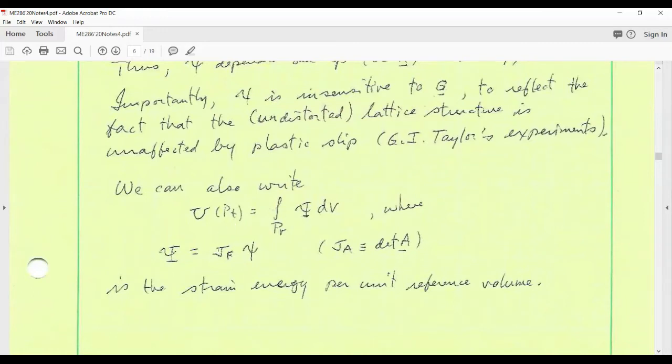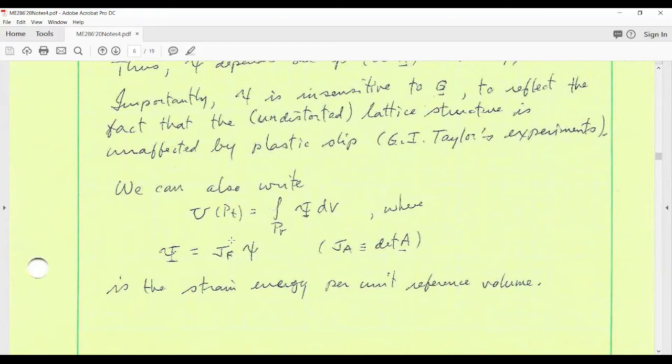I'll call it J sub F, because we're going to have three tensors whose determinants we have to worry about: F, G, and H. So I'll use the notation J sub A to mean the determinant of tensor A. So J sub F is the usual determinant of F. Then this defines a strain energy per unit reference volume, no problem.